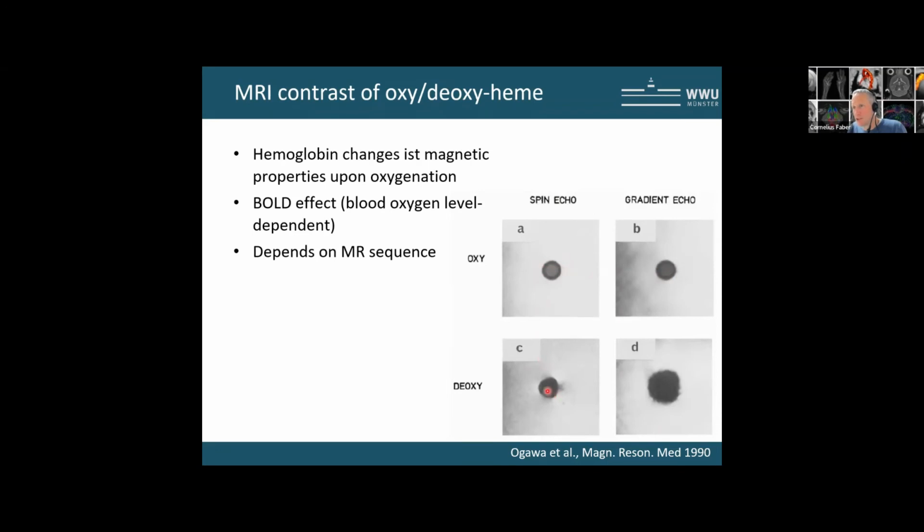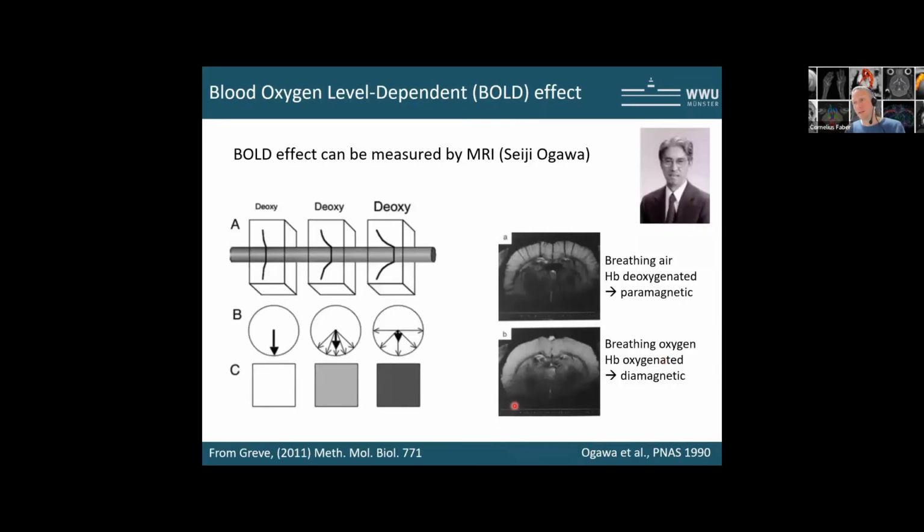But if it's deoxygenated, then suddenly the field is distorted, and here in the gradient echo, it's massively distorted because we have this T2 star effect due to the paramagnetic effect of the hemoglobin. And this is Seiji Ogawa. It's a very poor image, I have to admit. He published this first in MRM and then in PNAS in 1990.